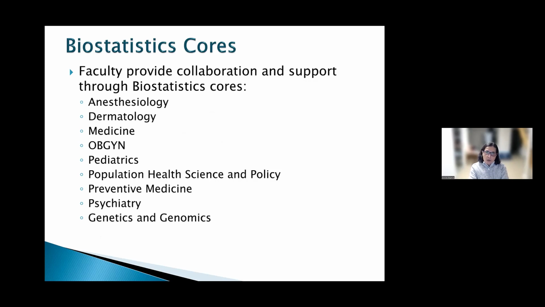So the way that it works is we work with the investigators, and either a master level statistician or a faculty or a combination of a master level statistician and the faculty work on a long-term collaboration with an investigator.